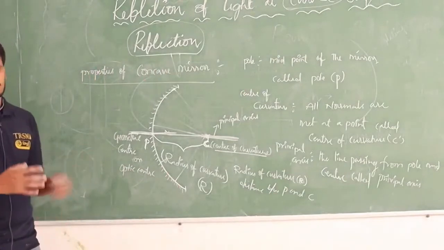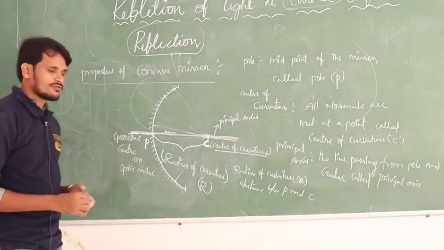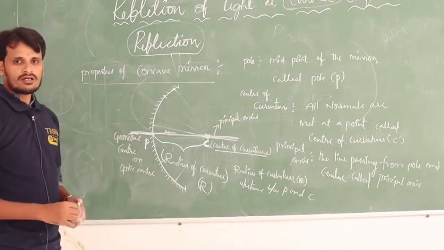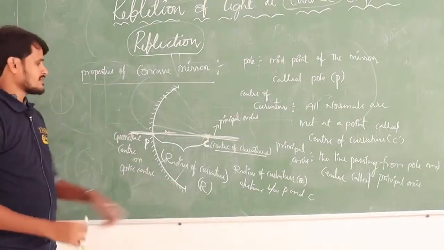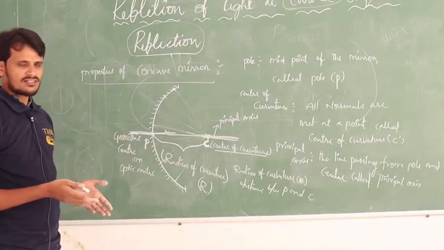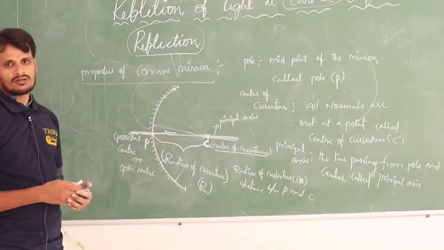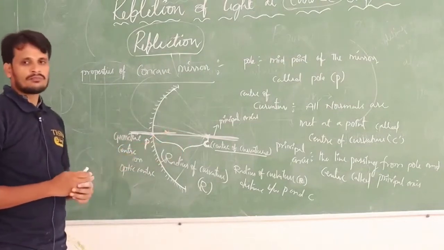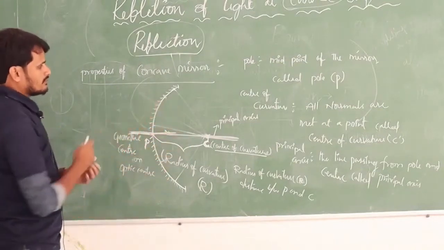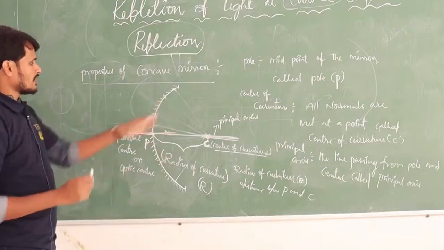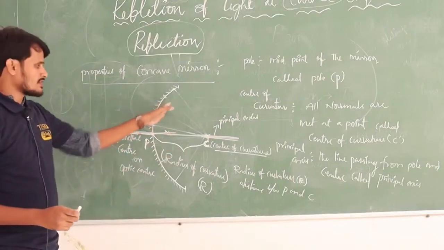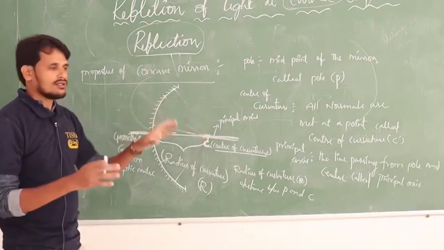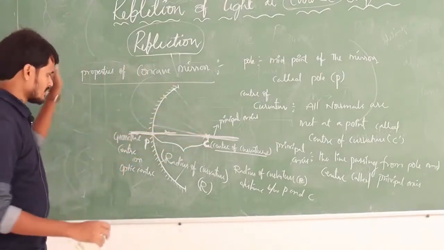So what properties have we covered? First, the pole, which is the midpoint of the mirror. Next, the center, which definitely exists because a curved mirror is a part of a circle. All normals meet at the point C, the center.